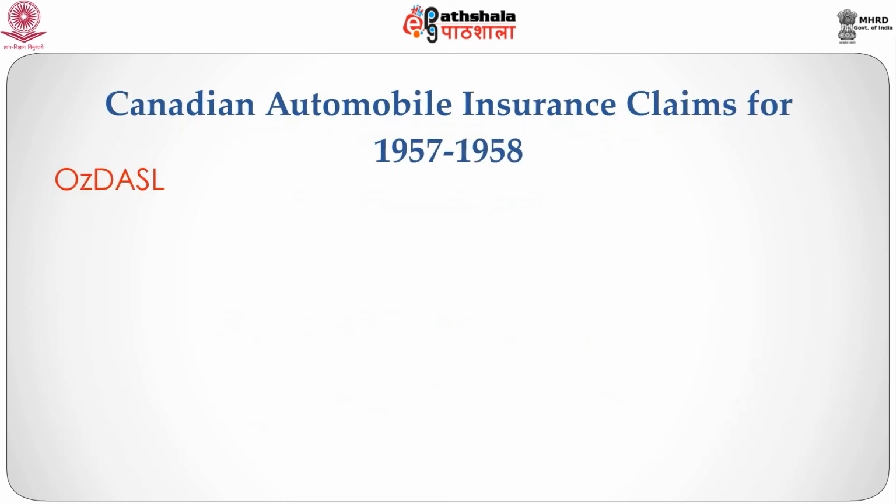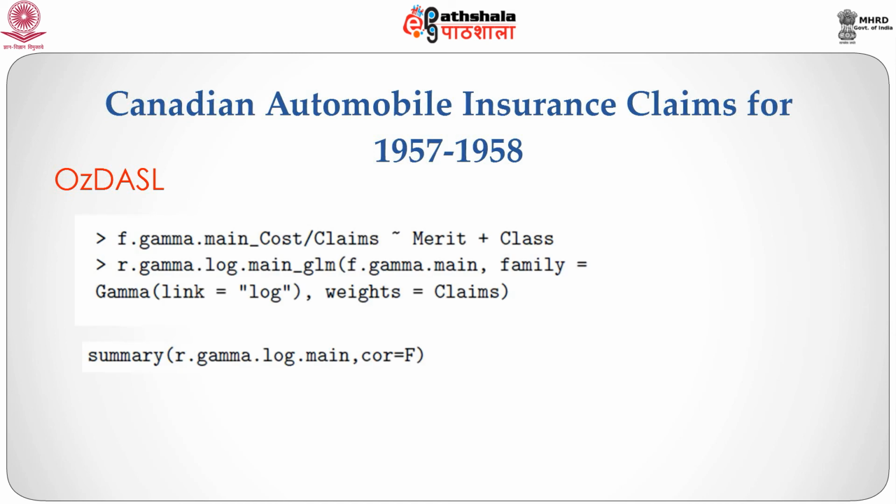The Canadian automobile insurance claims data for 1957 to 58 can be downloaded from the OzDASL library. It has been studied by Bailey and Simon, and Leroy. The data gives the Canadian automobile insurance experience and includes all insurance companies operating in Canada.